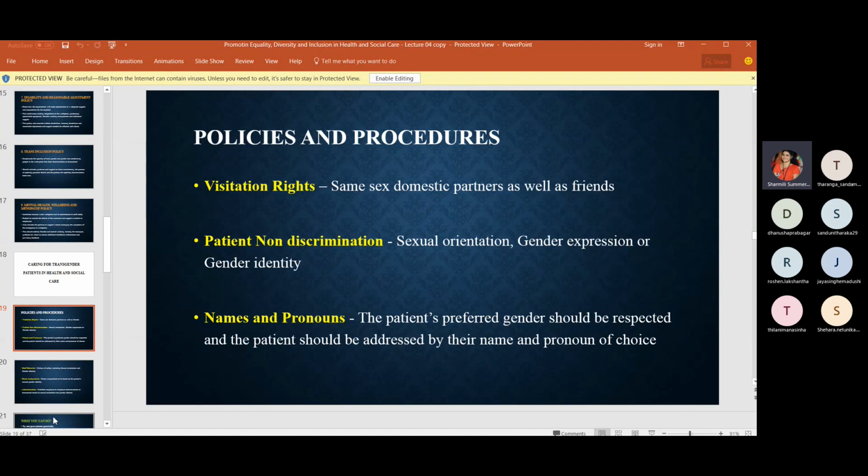And names may be different too. At birth they have one name, but after they transition, most people change their birth name as well.